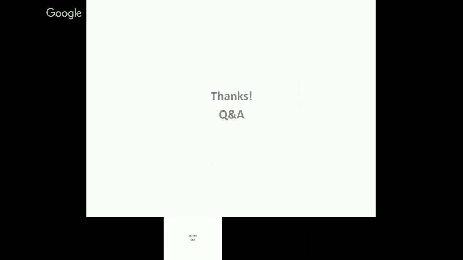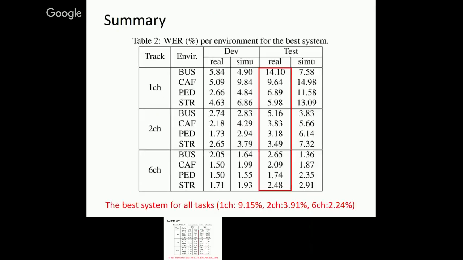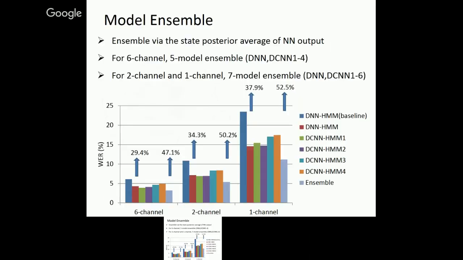We have time for questions. I have 2 questions. One is I'm a bit surprised that your VGGNet still works well with the fMLLR feature, but we know filter bank is more appropriate for convolutional neural nets. Another question is, look at this result. Your single VGGNet is even worse than the DNN. Why?